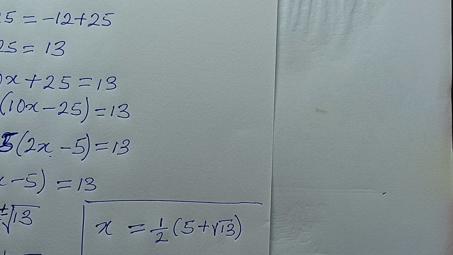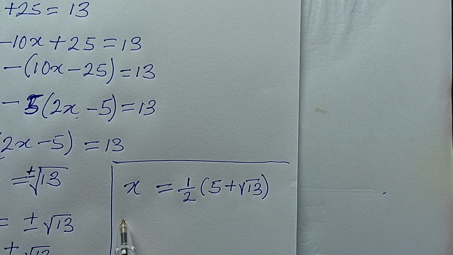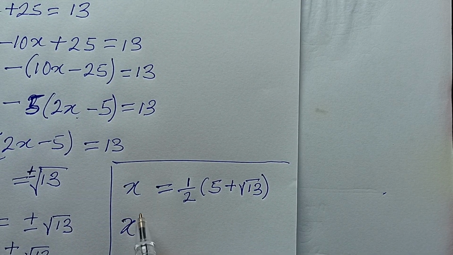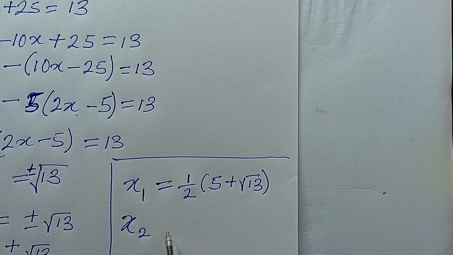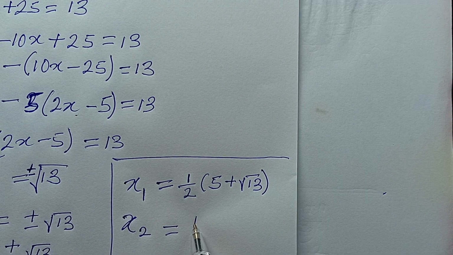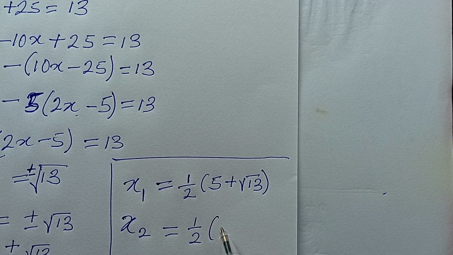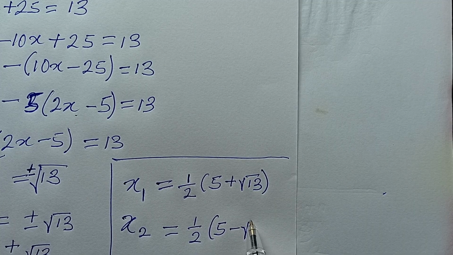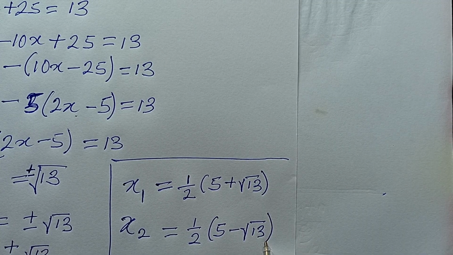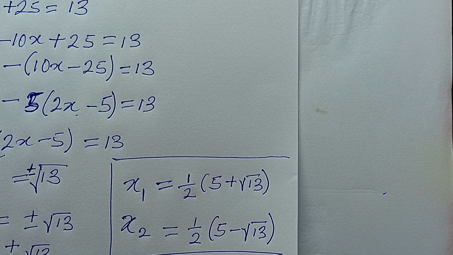This is the first answer. And the second answer, so we have x2 here, this is our x1. Our x2 is going to give us our 1 all over 2 bracket 5 minus the square root of 13. This is our second answer.